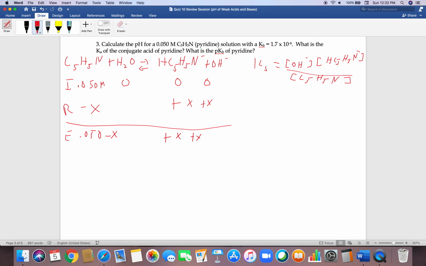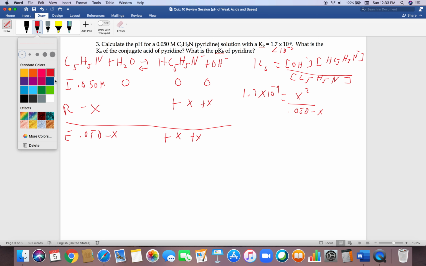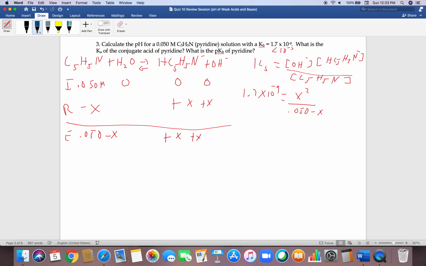So the Kb, 1.7 times 10 to the negative 9, is going to equal X squared over 0.05 minus X. Now here we go again with the X in the denominator. Can we drop the X? Well, since the Kb is less than 10 to the negative third, we can drop the X. So I'll indicate that we can drop the X here.